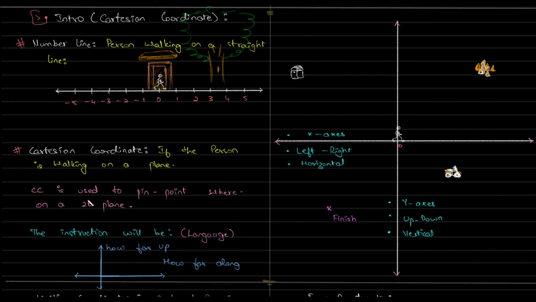So it's been arranged. We can tell that a number line is used when we are talking about straight line motion. If you have a toy which just moves forward and backward, I don't know how popular it is now, but there used to be a time when that was the cheapest toy, a remote control toy.